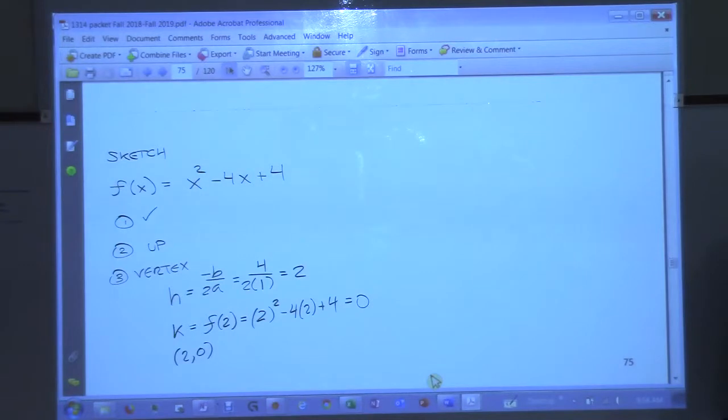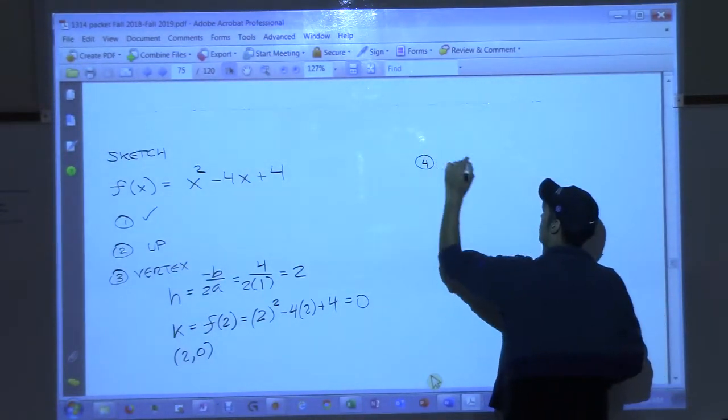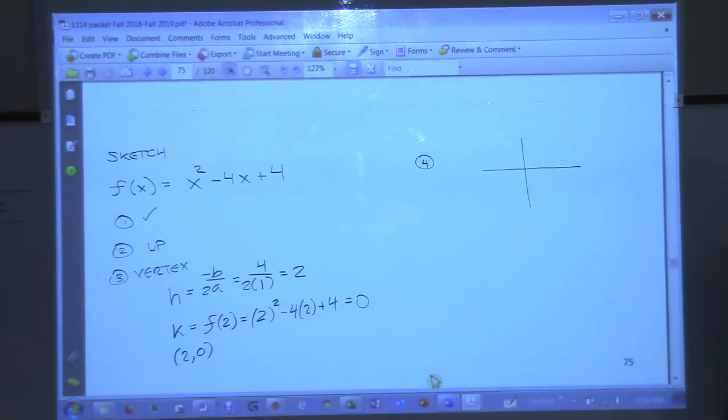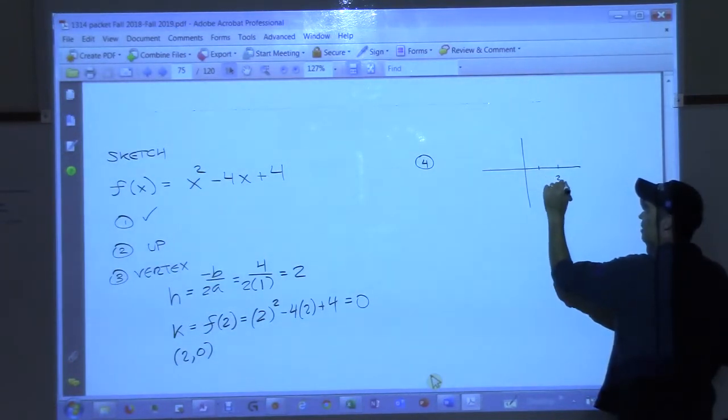Y'all following? I know I'm moving fast, but step 4 is what? Quick sketch. Now when I do my quick sketch, where's my vertex? (2, 0). That means move to the right 2, and don't go up or down. I don't need to label it 2, but I will for this one because it's kind of a special case.